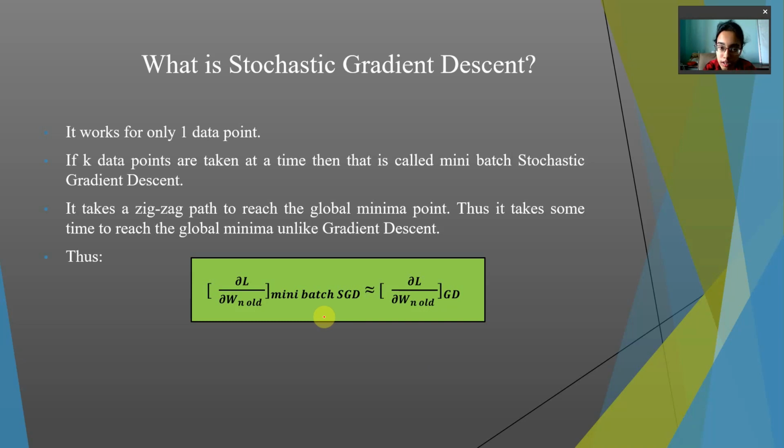Now the main advantage of stochastic gradient descent is that the computational time is much less. Think about it this way: if we have to load millions of records all at a time into RAM, it will be computationally very complex, right?